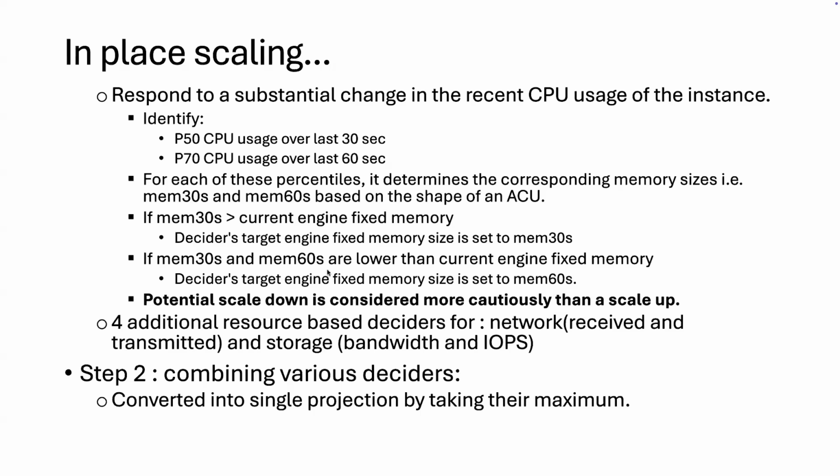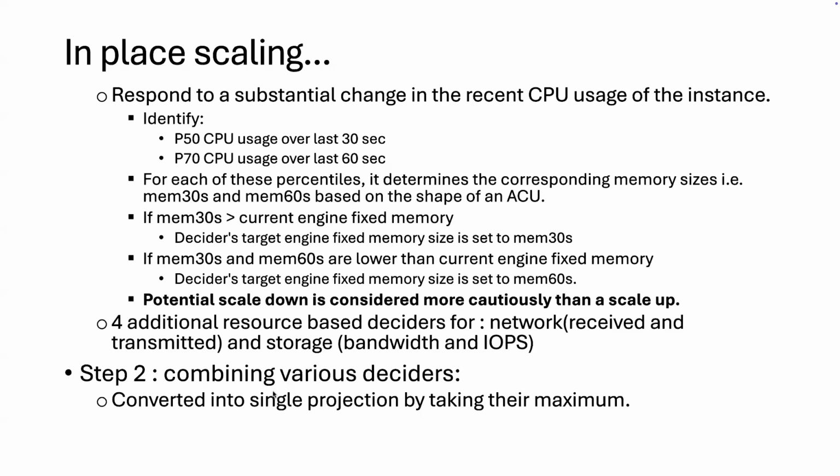These two conditions basically mean that a potential scale down is considered more cautiously than a scale up. This example just shows the recent CPU usage. In a similar way, they have additional resource-based deciders for network received and transmitted, and storage bandwidth and storage IOPS.